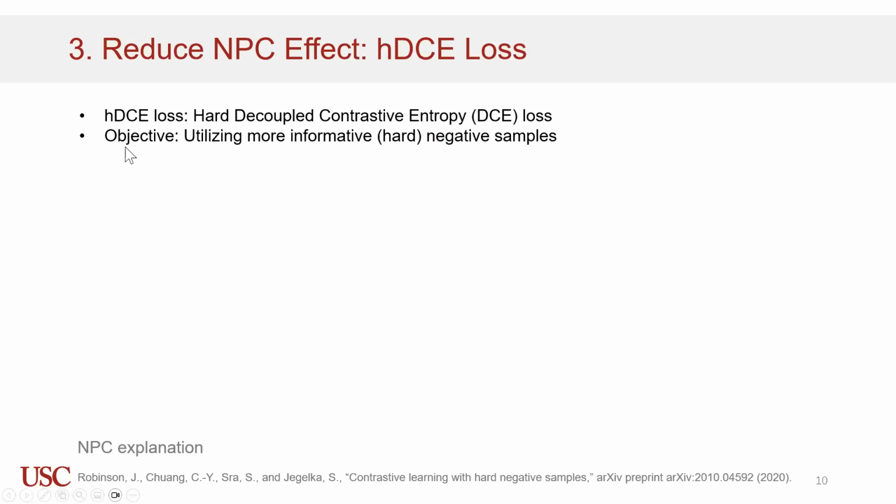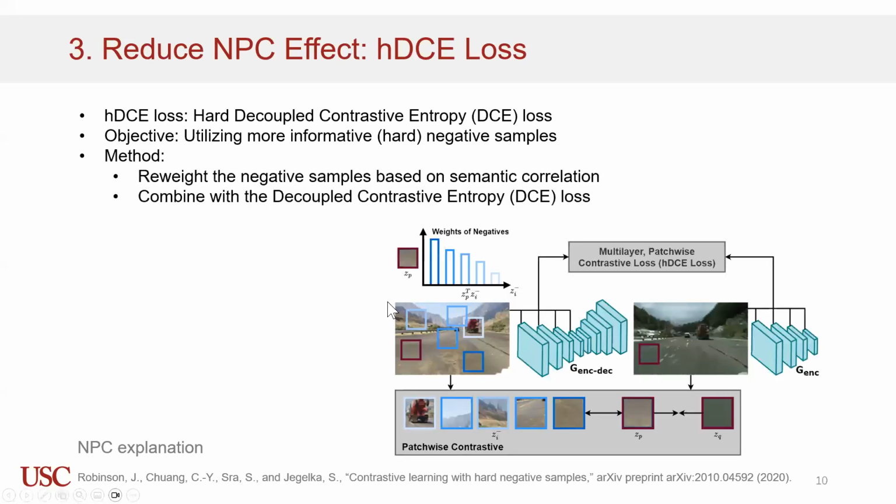And the objective is to utilize more informative negative samples. For example, the main idea is to reweight the negative samples based on semantic correlation. For example, we have many blue negatives and the purple query, and we compute the correlation between each negative and the query as a new weight for each negative.